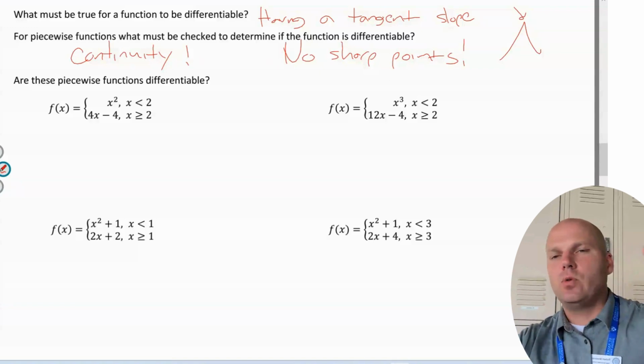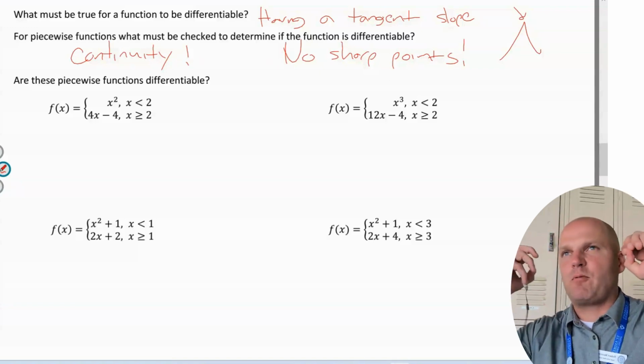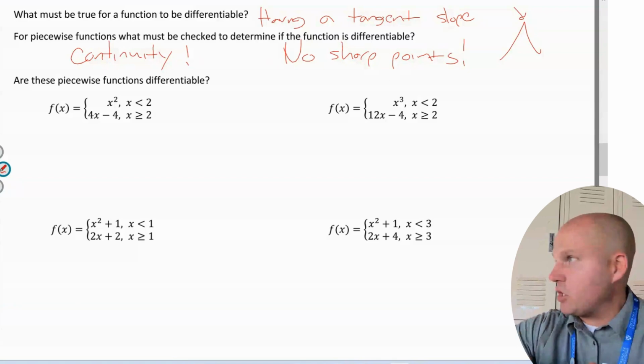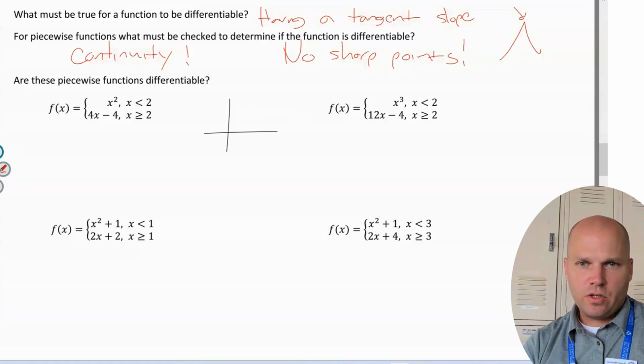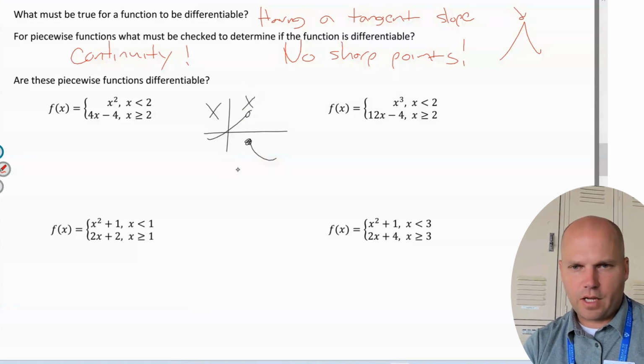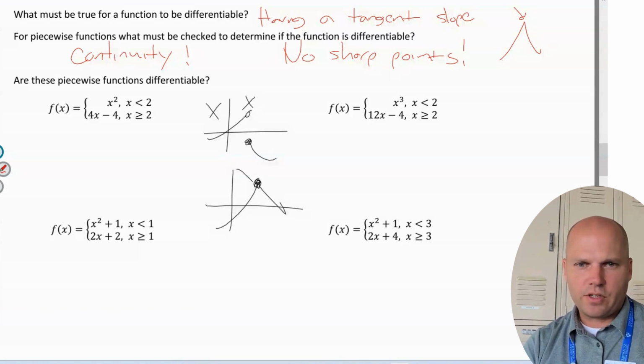Now, how we test you on understanding this concept of being differentiable is through piecewise functions, because there's lots of options for piecewise functions. One option is the pieces don't meet up. If the pieces don't meet up, obviously we don't have a slope right there, okay? Another option is the pieces do meet up, but when they do, they create a sharp point.